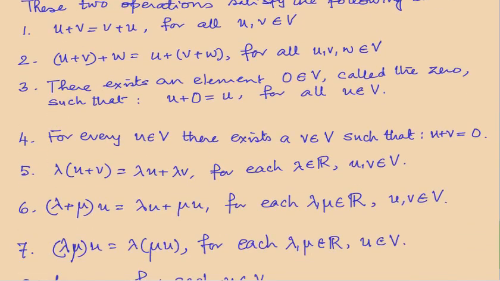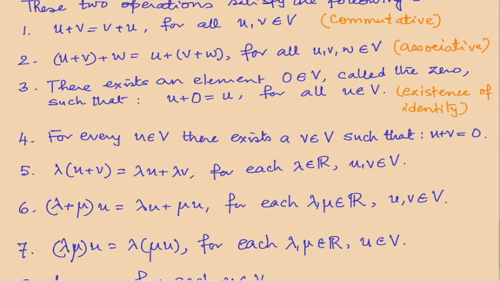The addition is commutative and associative. Then this is about the existence of identity for the addition.